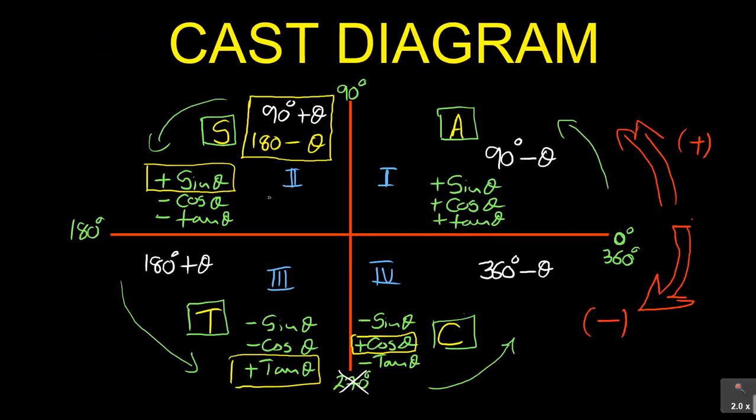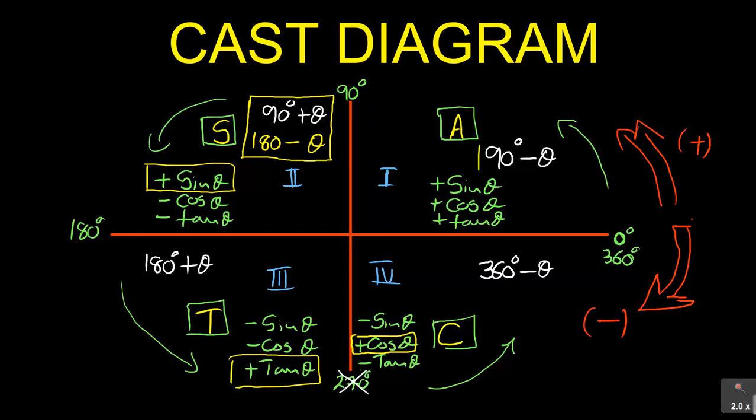Now, having done the negative angles, let us look at cofunctions. Cofunctions are also important. Remember, we've been focusing on 180 minus theta, 180 plus theta, and 360 minus theta.